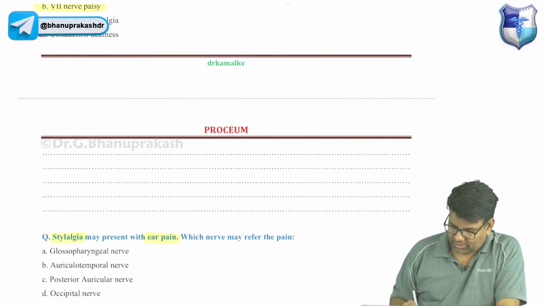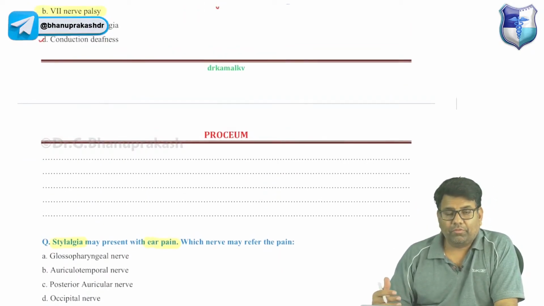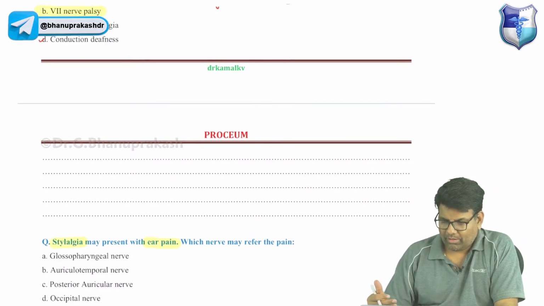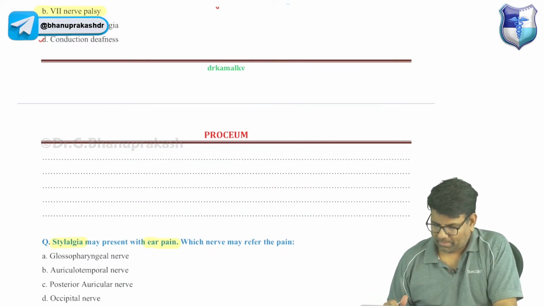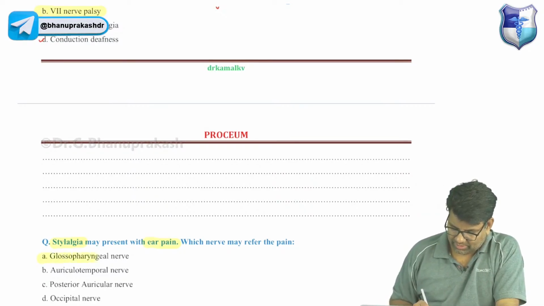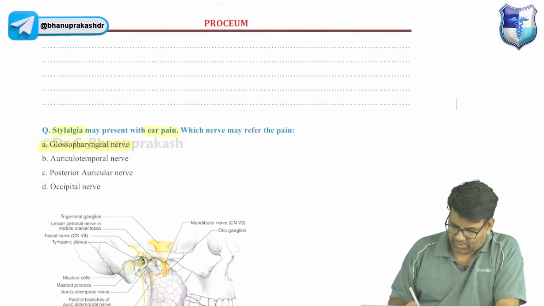Now, stylalgia may present with ear pain. Which nerve may refer the pain to the middle ear? Anyone? Yes, Raghu, you are absolutely right. This is the glossopharyngeal nerve, and the glossopharyngeal nerve is actually the nerve supply of the middle ear and the medial aspect of the tympanic membrane also.